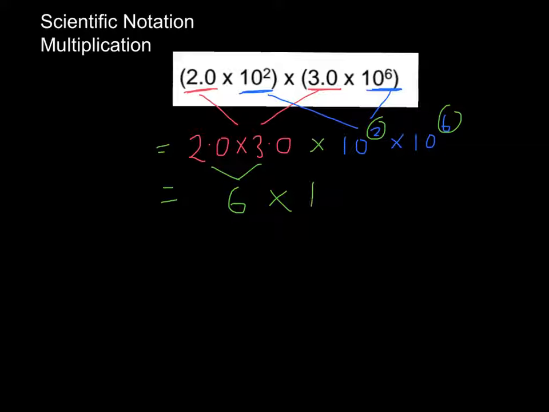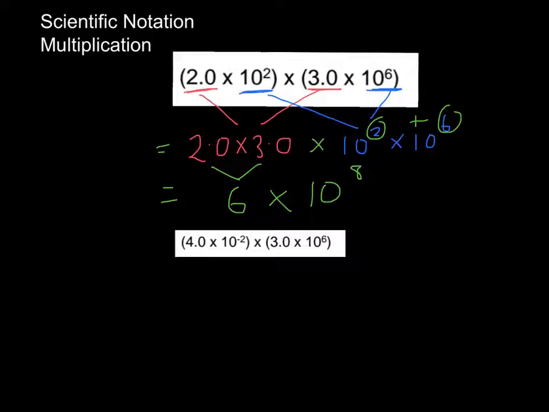It'll still be a base of 10, but it'll be to the power of 2 plus 6, which is going to be to the power of 8. So our answer is 6 times by 10 to the power of 8. We can see that that answer is perfect because it's still in scientific notation because this number is between 1 and 10 and it is a base of 10 with a power.